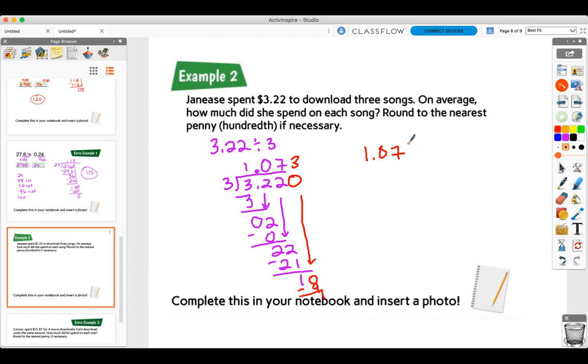So when you have 1.073, you are now looking at your thousandths place, because you want to see if that 7 is going to be bumped up or if it's going to stay. Remember, when you're rounding, 5 or above gets bumped up, and anything below that stays. So 3 is below 5, so that 7 stays. The answer is going to be $1.07.